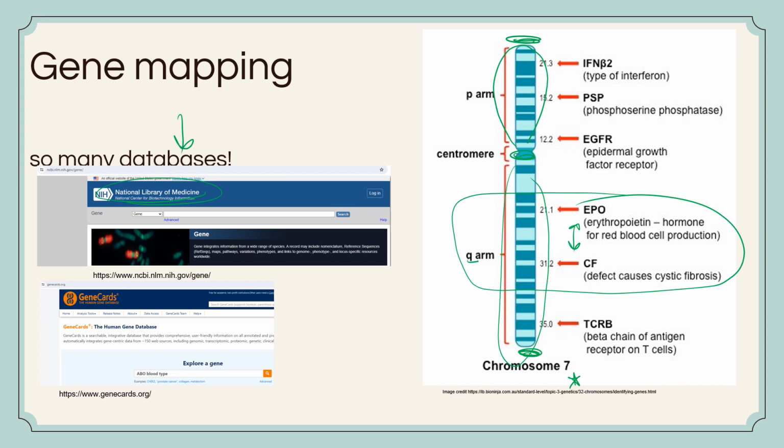So the NIH's National Library of Medicine, the NCBI National Center for Biotechnology Information, is free, and you just plug in, I want to learn about cystic fibrosis, or I want to learn about ABO blood types. You can use this other one, GeneCards.